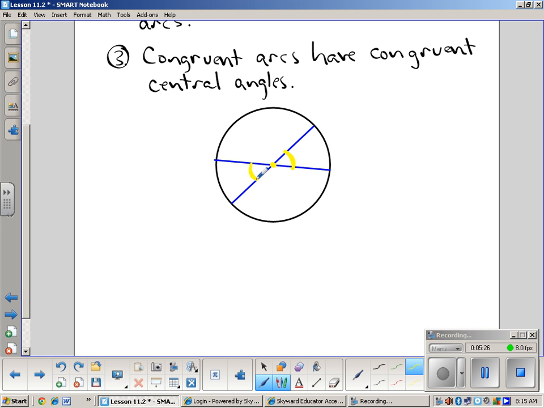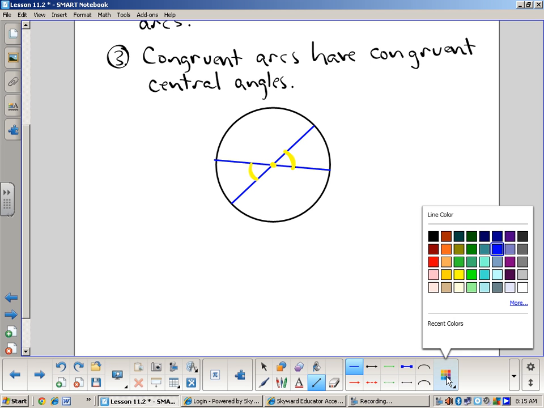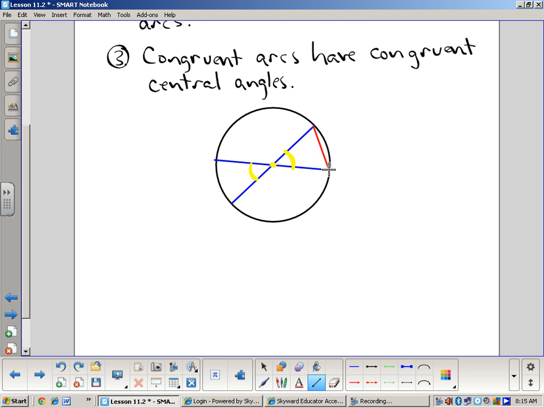Okay? So if these two central angles are the same, then that means, let me change color, that this chord is equal to this chord.